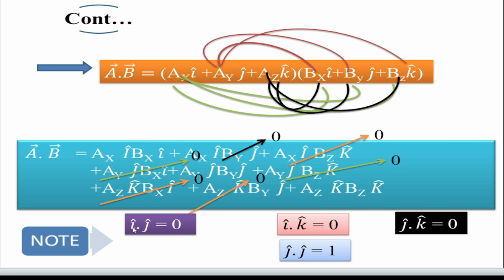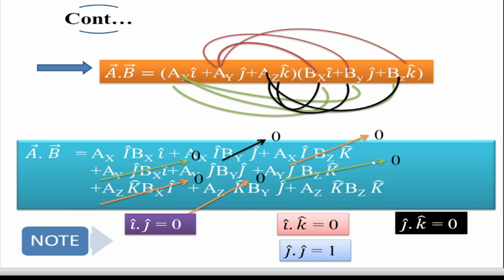Since they are mutually perpendicular, theta is 90 degrees. Magnitude of I is 1, magnitude of j is 1, 1 times 1 is 1. But cosine of 90 degrees is 0, and 0 times any number is 0. And so this becomes 0, and this becomes 0, and this becomes 0.